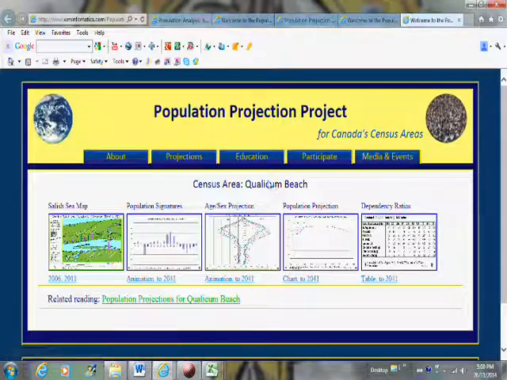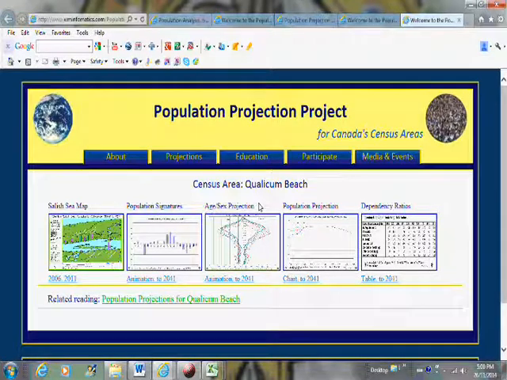In this case, we have the census areas for Qualicum Beach, which is interesting to look at because it has the highest median age of any place in Canada. It probably is going to provide some information for us about how municipalities handle the transition towards an older population. So that's in here already.